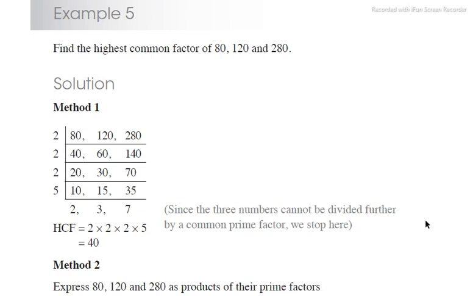That is 2 times 2 times 2 times 5, which is 40, meaning that 40 can divide all these 3 numbers. That is 80 by 40, you get 2. 120 by 40, you get 3. And 280 by 40, you get 7. So that is how we use the ladder method to find the highest common factor.